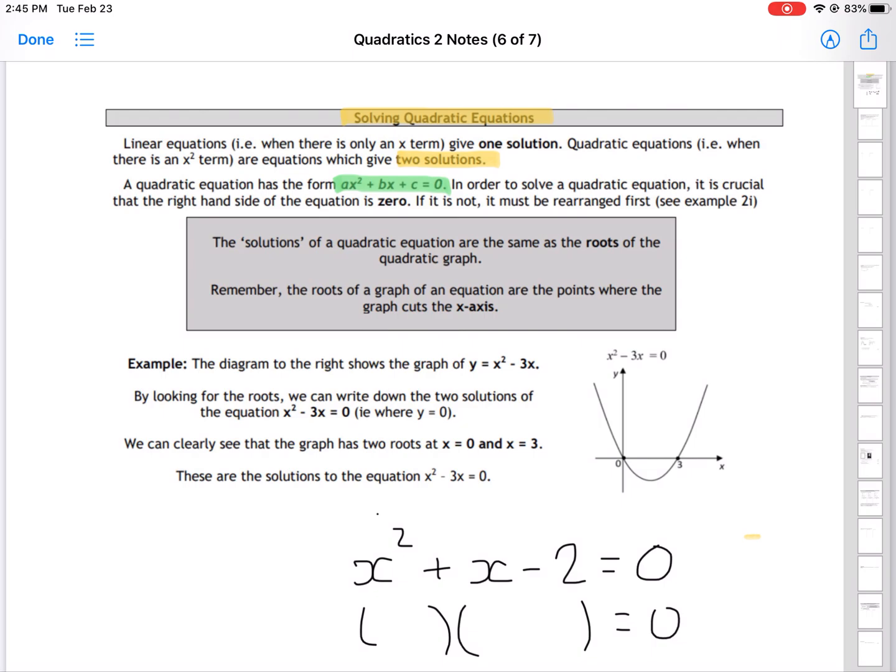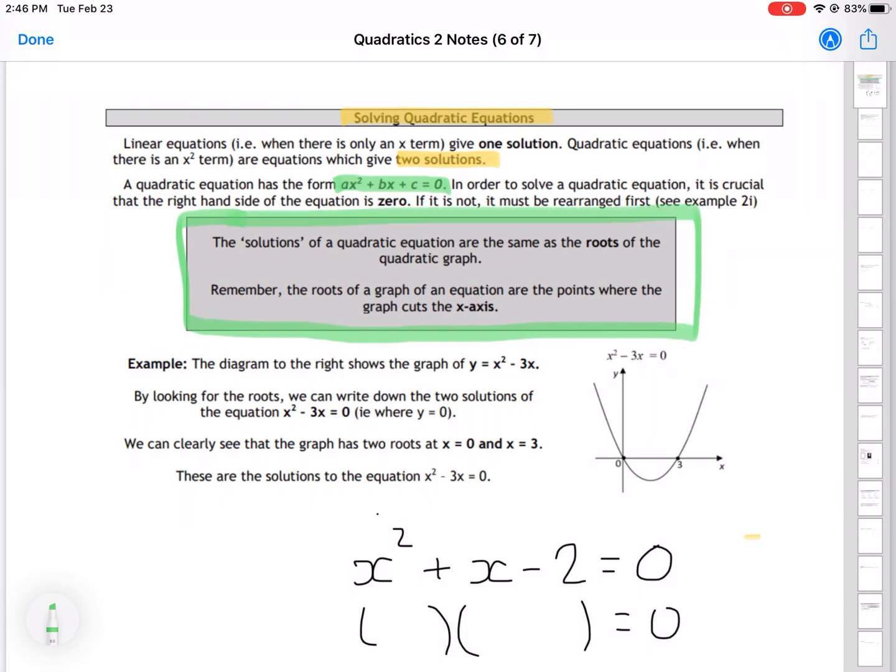Now, the grey box tells us that the solutions of the quadratic equation, once we've got our two values of x, are known as the roots of the quadratic graph, and that is where the graph cuts the x-axis. For this graph we have x squared minus 3x. We factorise first, and it's not done here, but we'll see how that happens.